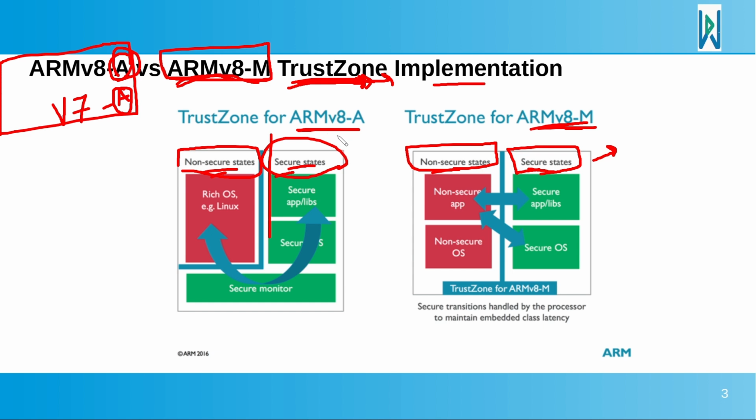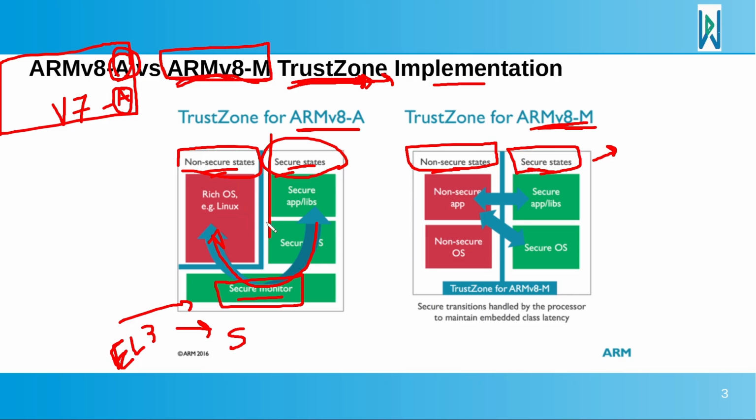In Cortex-A, we need to move through this intermediate mode. Here, the secure monitor software will be executed in exception level number 3. This one will be always in secure state.